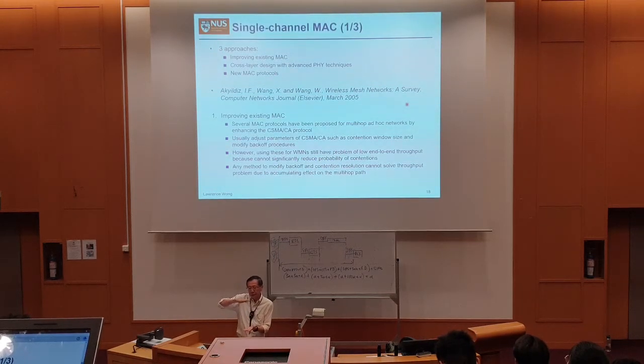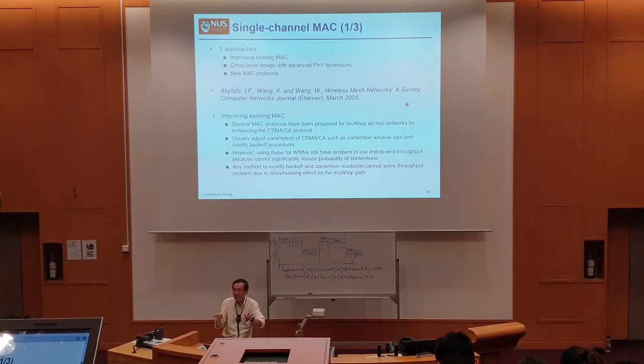If you recall the protocol stack, you have the physical layer, the data link, the network, the transport, etc. And the MAC layer is sitting between the data link and the network. So if you have information from this, you can improve the performance across these layers. That's cross-layer optimization. And of course, you can also design new MAC protocols.